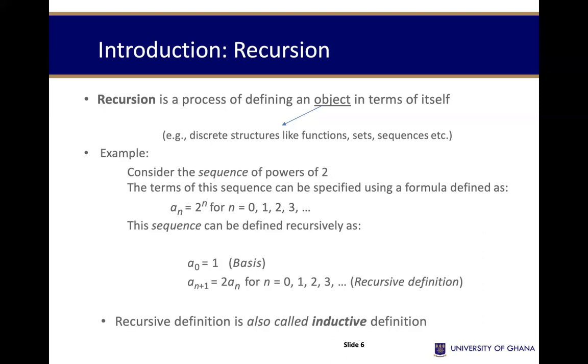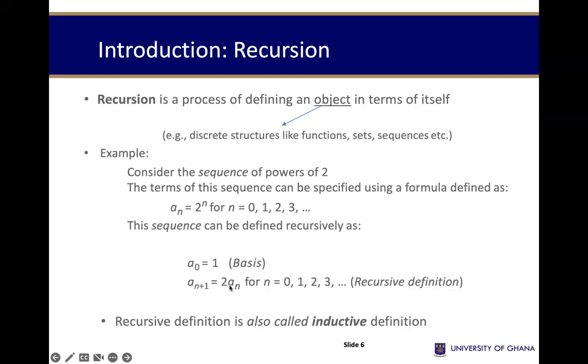So A of 0 is the same as 2 to the power 0, or 1, but when I come to A of n plus 1, I'm going to have this definition: 2 times A of n, where my n here will denote 0, 1, 2, 3 to infinity. So how do I do it? If my n is 0, this is A of 0 plus 1, which is the same as A of 1.